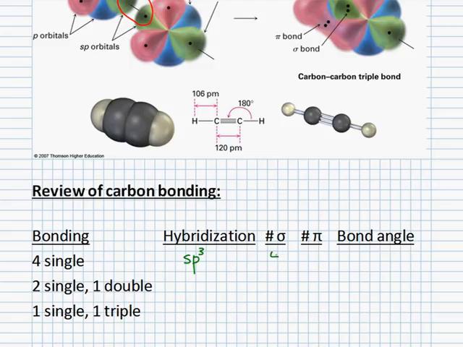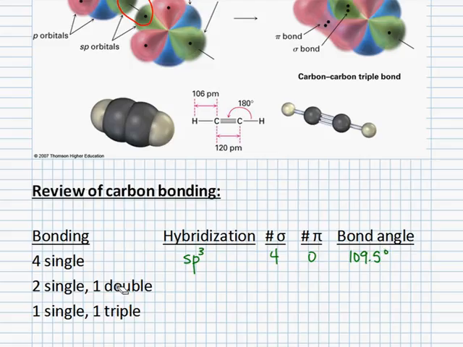And that'll be all sigma bonds. Right? The carbon will be bonding to something like hydrogen out of all 4 tetrahedral directions. So 4 sigma bonds, no pi bonds. Right? And the bond angle will just be the tetrahedral bond angle, 109.5 degrees.